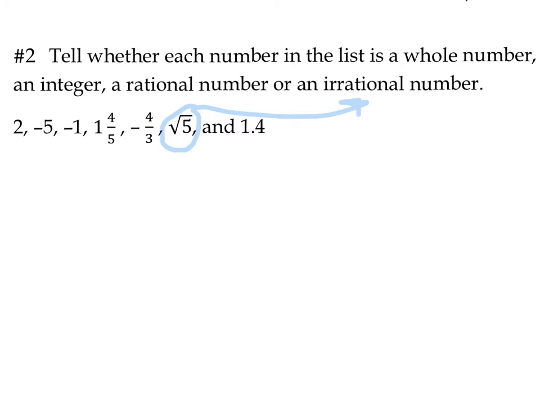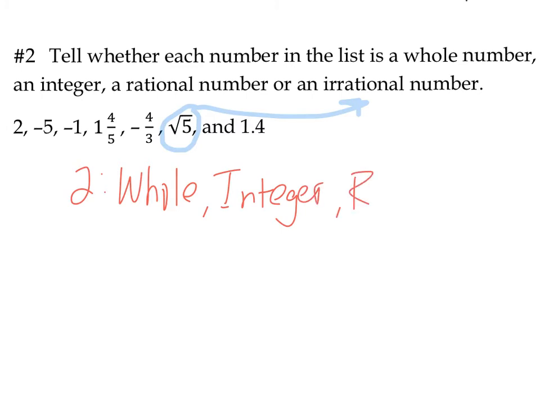Negative 5 and negative 1 are integers. 2 is also an integer. If you remember, every whole number is also an integer. So the number 2 is a whole number. It's an integer. It's a rational number.